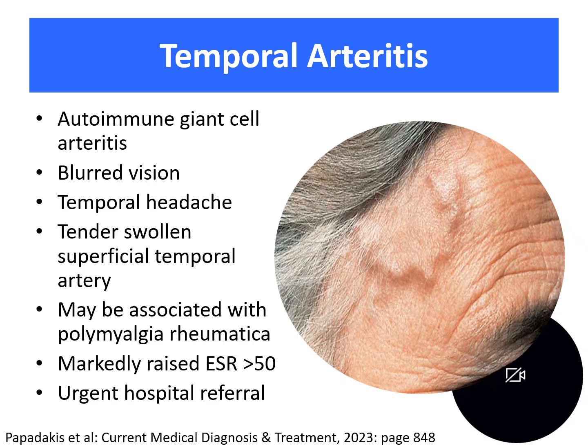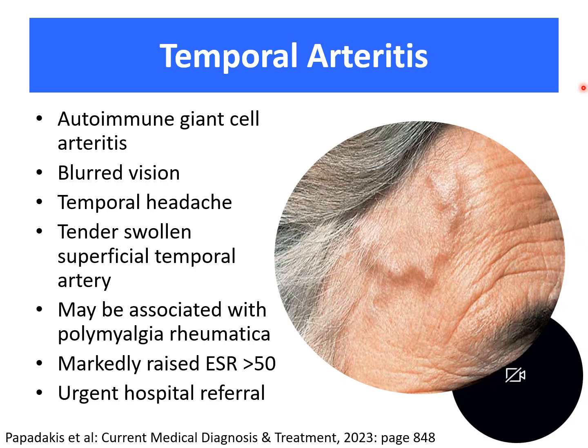This is a giant cell inflammation that tells you this is a chronic inflammatory granulomatous process. Classically presents with blurred vision, but before the blurred vision comes, the patient might have been complaining for days of headache, unilateral headache on one side, temporal headache.